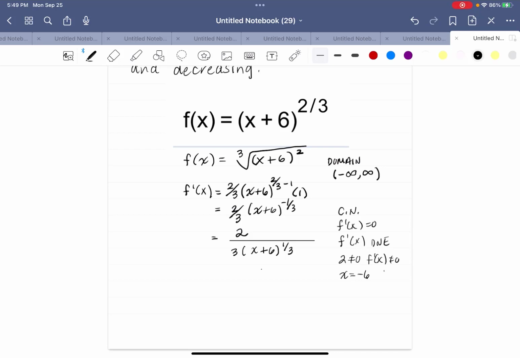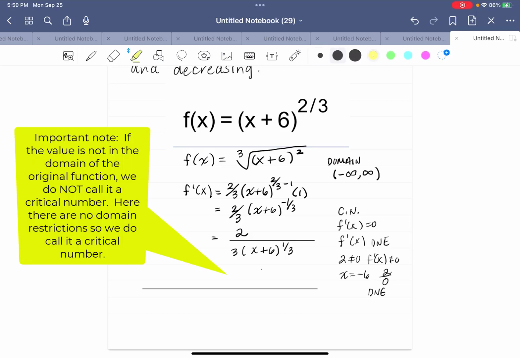So at negative 6, we would have 2 over 0, which means the derivative does not exist. But it is a critical number, just by definition, that critical numbers occur where the derivative is 0 or the derivative does not exist. And so we have one now where the derivative doesn't exist. That's the number negative 6.